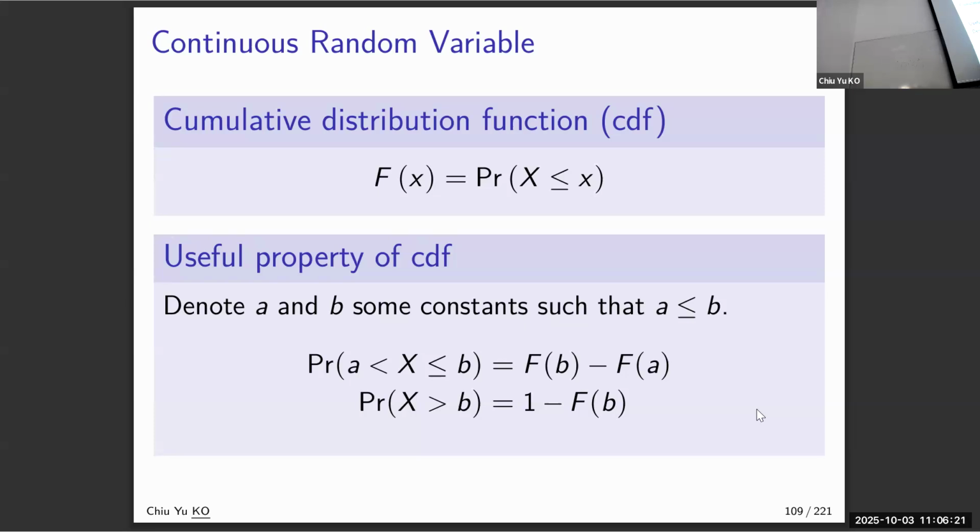We can say the probability between A and B is F(B) minus F(A), and larger than B is 1 minus F(B). This is the complement rule, the total probability rule, because it's less than or equal to, and greater than, so they add up together.